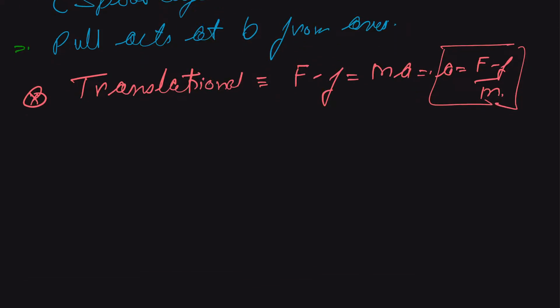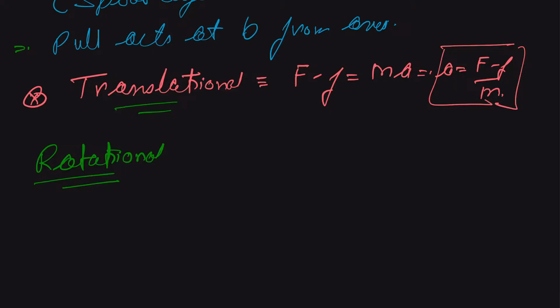And next is our rotational. For rotational, we have two torques. One is our frictional torque and the other one is our pull torque.